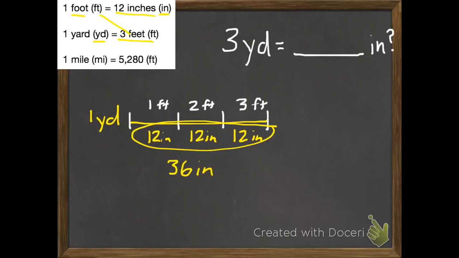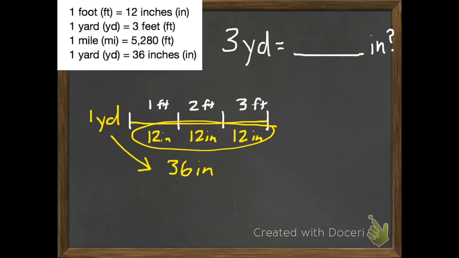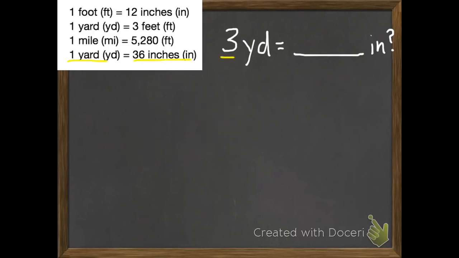So now we've created a new fact. 1 yard equals 36 inches. So I'm going to add this fact to our little box in the top corner. So there it is at the bottom. 1 yard equals 36 inches. Now that we know this, we can figure out our problem. So we have 3 yards, and there are 36 inches in each yard.